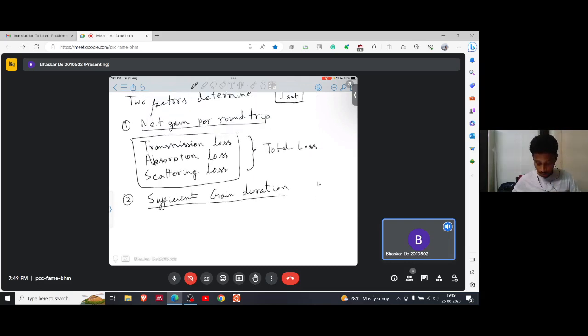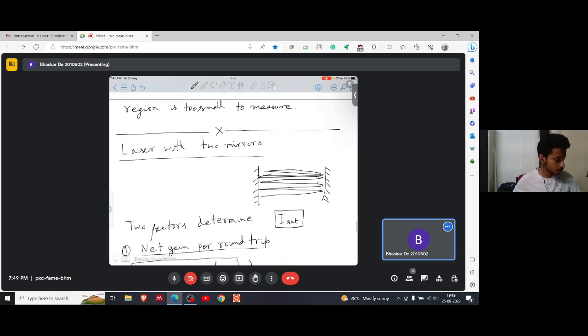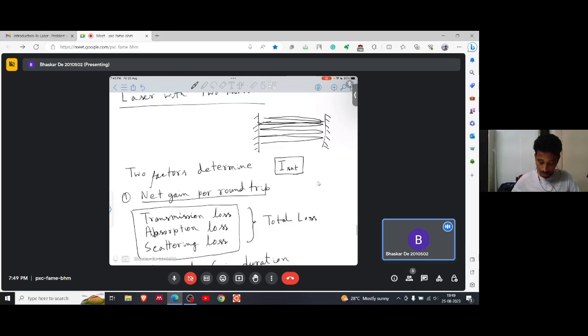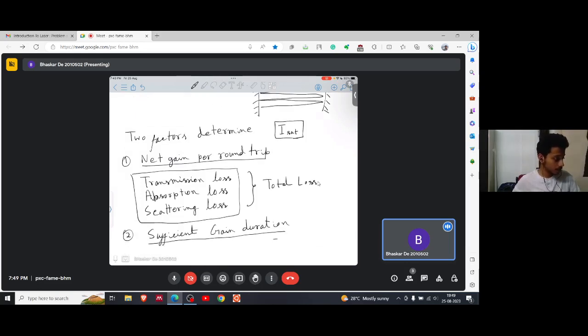This duration is particularly relevant for pulse laser, not for continuous wave laser. So the gain duration is basically when this beam is reflecting from one mirror to another. So that is the time duration, and that time duration should have a minimum value.